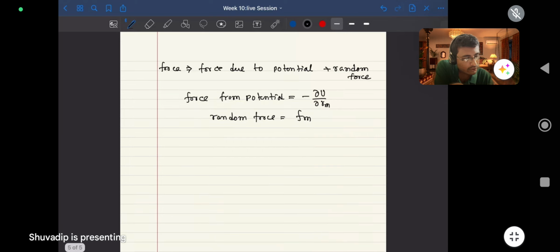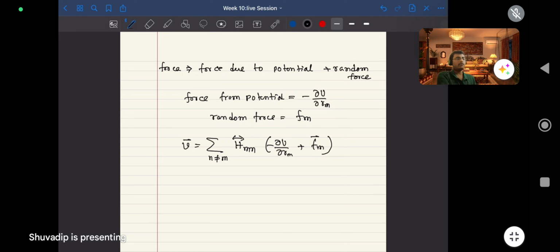So the correct relation now: V_n is the sum over m not equal to n of the tensor H_nm into the force, minus del U by del R_m plus F_m, the random force on the mth particle. Correct?